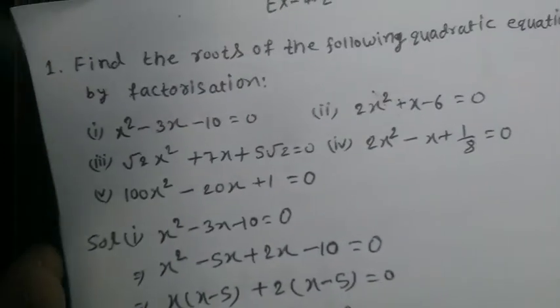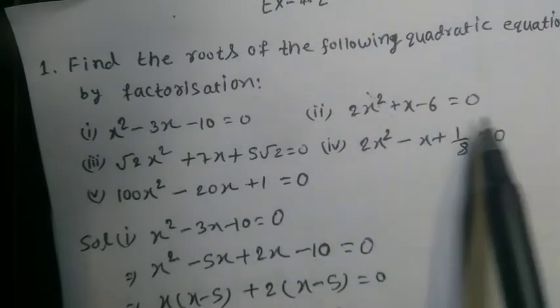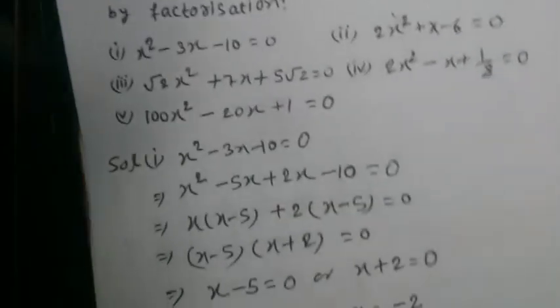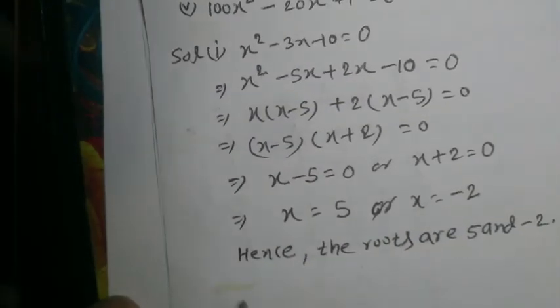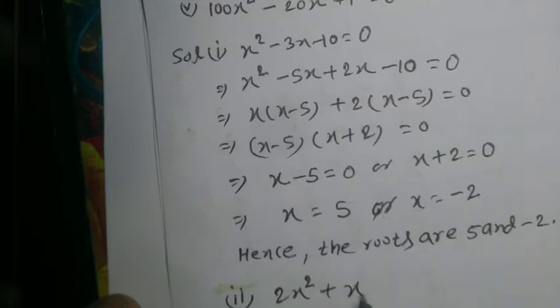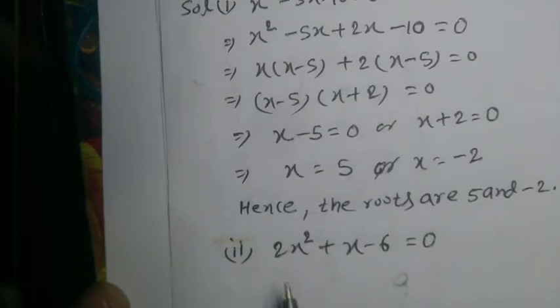The second question is 2x square plus x minus 6 is equal to 0. In this equation, a is equal to 2, b is equal to 1 and c is equal to minus 6.